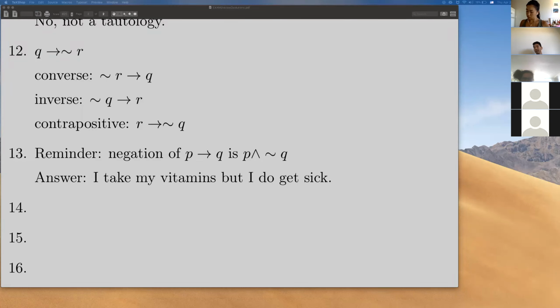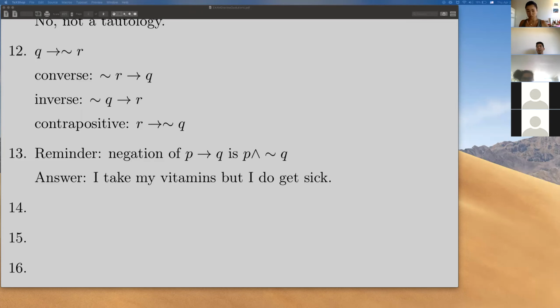But the question is an if-then statement, right? And an if-then statement negates to an and statement. This is the pattern we're following right here. We actually did this in class. We proved this negation is P and not Q in class when we were going over 3.3.